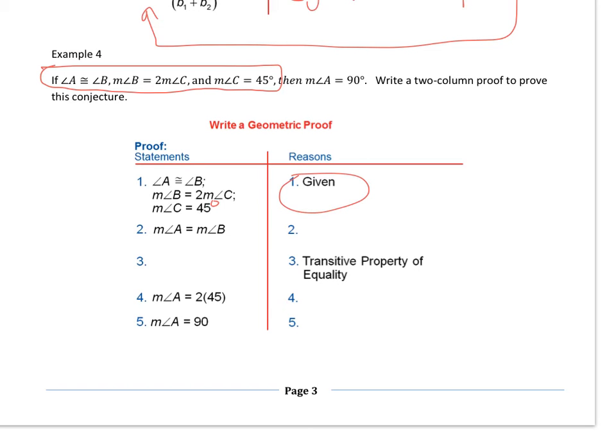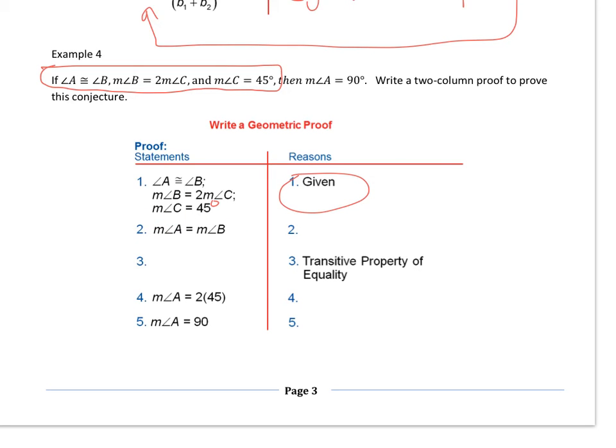Now, the measure of angle A equals the measure of angle B. This is sort of what I would call a nitpick, and I'm not going to hold you to this kind of level of detail throughout the course, but I do want to make the point that if 2 angles are congruent, then their measures are equal.